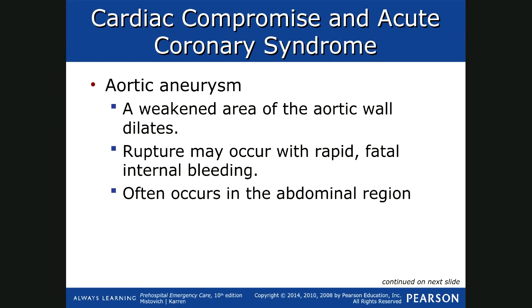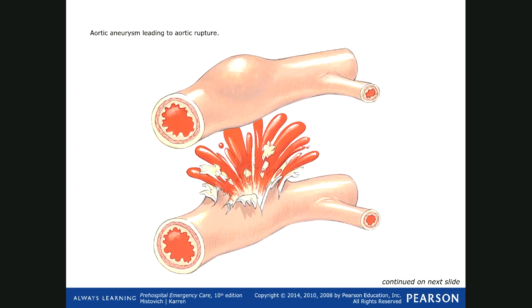When you have a bubble that forms on your aorta, just think of the last time you went tubing down the river. You're the one that got the inner tube that had a big bubble on it. Think of that as you're laying around in an aorta and it blew a bubble in it. You have a lot more abdominal aortic aneurysms than thoracic aneurysms, but this is what it may look like. Again, here's your bubble.